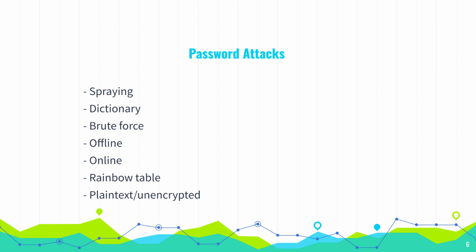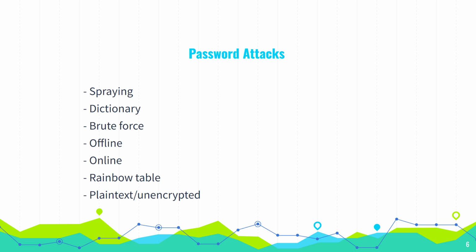Password attacks, spraying: this is commonly used words to get the passwords. Dictionary attacks use dictionary words. Brute force is using really strong computers that try all the combinations. And offline attack is when you get the hash and you just go at it, and you can use whatever method you want.